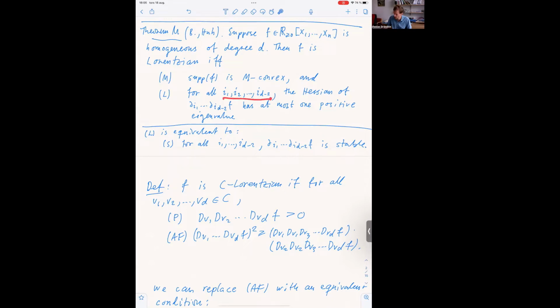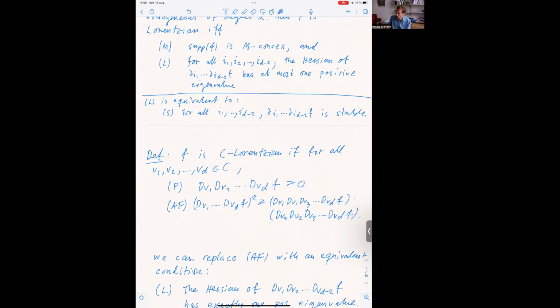So for all tuples i_1 through i_{d-2}, the Hessian of the derivative should have at most one positive eigenvalue. We could prove one direction, namely that if it's Lorentzian, then these two are satisfied. But we're left with proving the other direction. And we also said that this condition L here is equivalent to being stable, which we saw before.